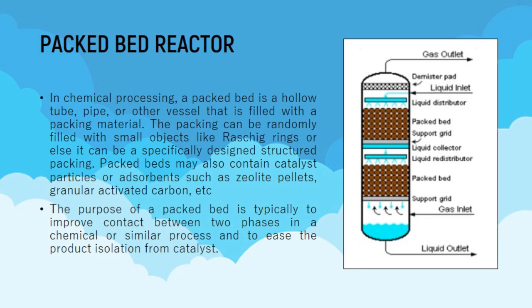A packed bed may also contain catalyst particles or adsorbents such as zeolite pellets, granulated carbon, and so on. The purpose of a packed bed is typically to improve contact between two phases in a chemical or similar process and to ease the product isolation from the catalyst. On the right hand side of the slide, you can see the picture of a packed bed reactor.